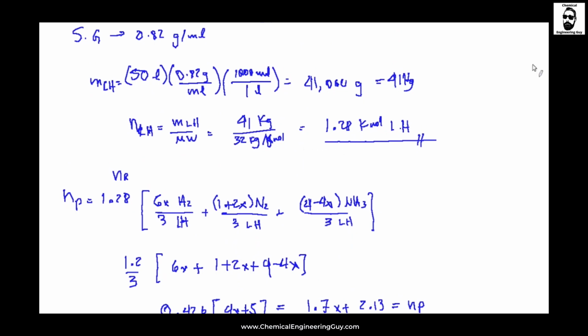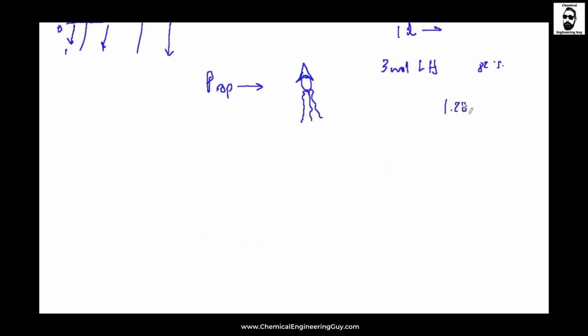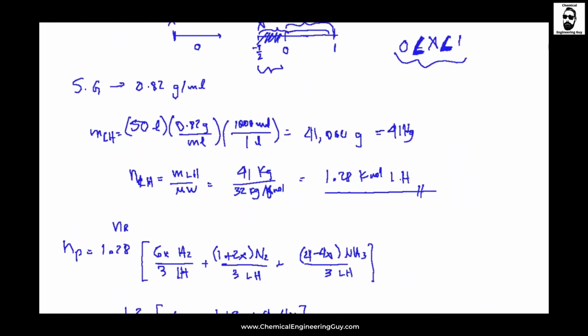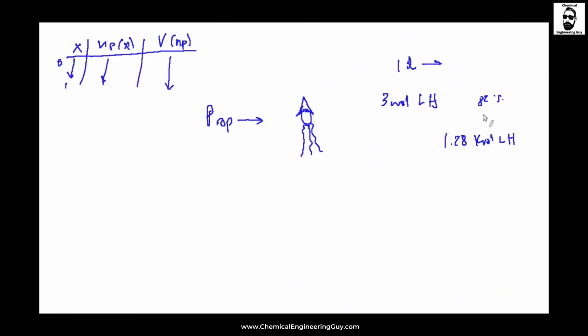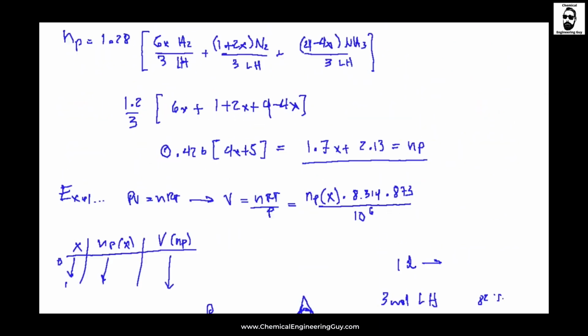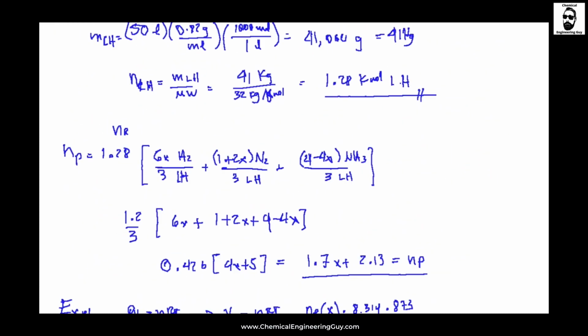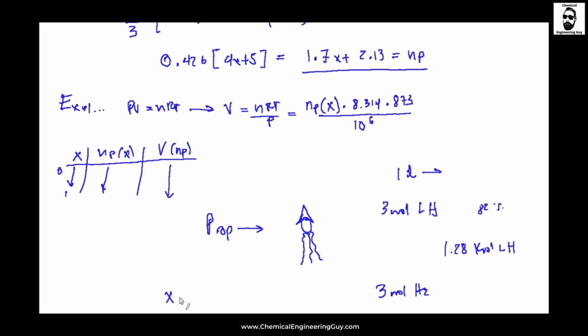If we got 1.28 kilomole of liquid hydrazine, this will give me a lot of space, because I will generate 3 moles of hydrogen. Let's use X as 0.99, which in the table will be something about 1. So this here will give me the maximum amount of moles. So 1.7 plus 2.13, which is this here.